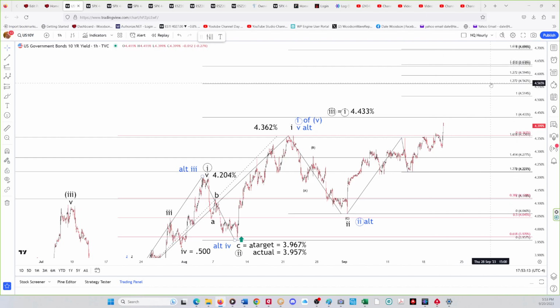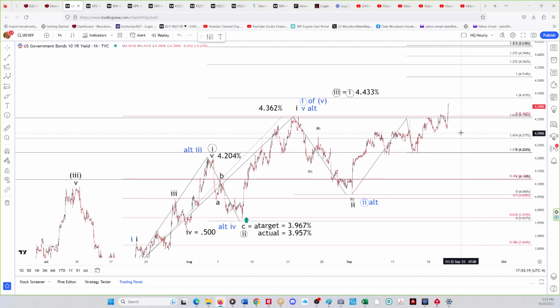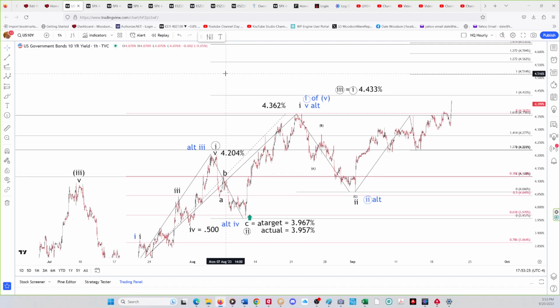There's a 1.272 and a 1.414 in there. So wave 3 of 3 appears to be up and moving, and higher rates for longer. That's what we're looking at there.